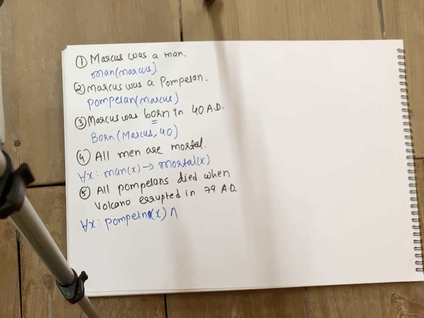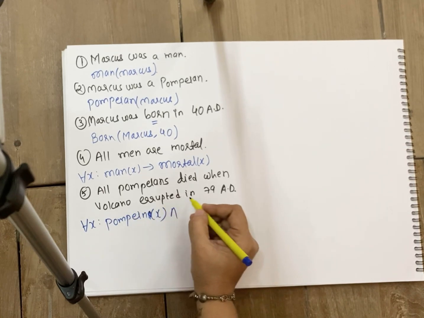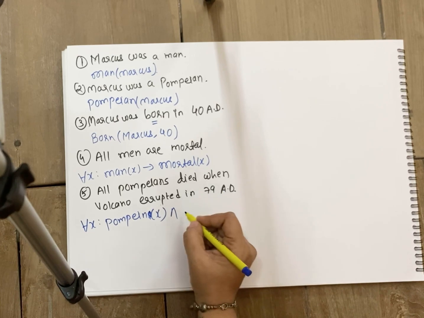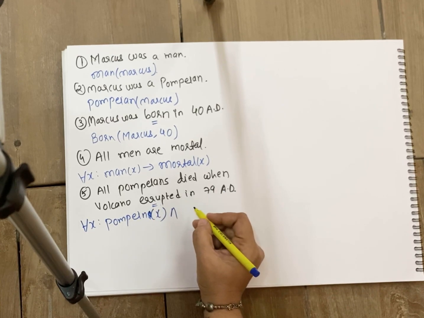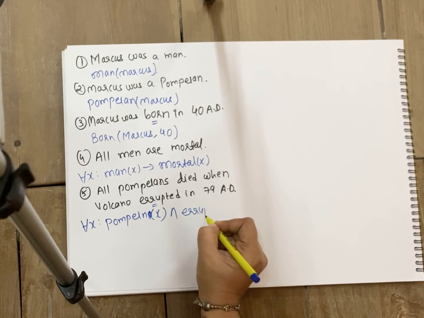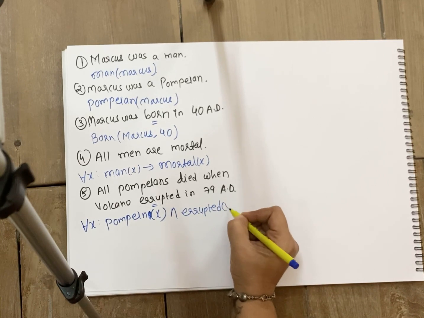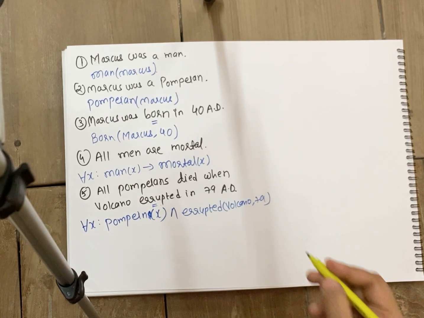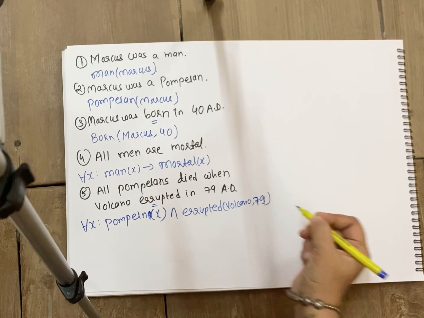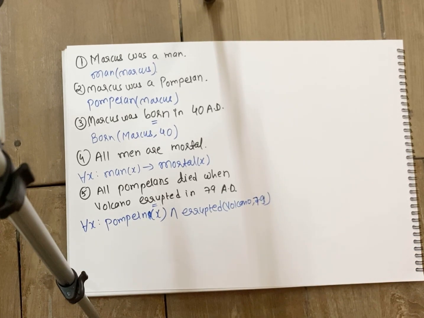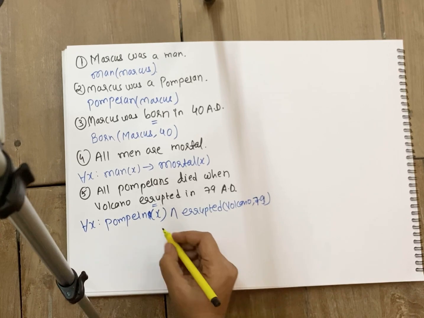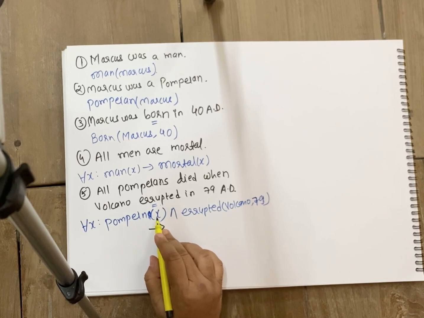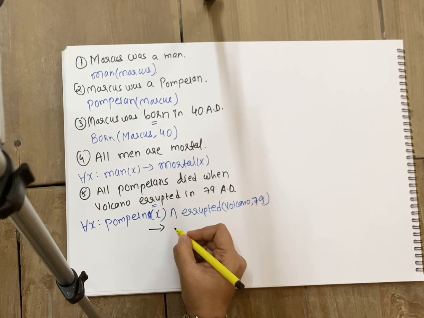When the volcano erupted, then they died. And volcano erupted is associated with a year, that is 79 AD. So what process are we talking about? Erupted. So erupted(volcano, 79). I won't write AD. So Pompeian(x) and erupted(volcano, 79) implies that x will have died.